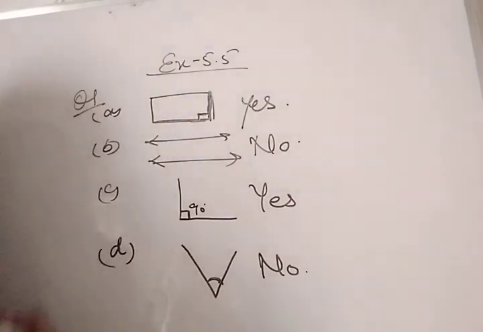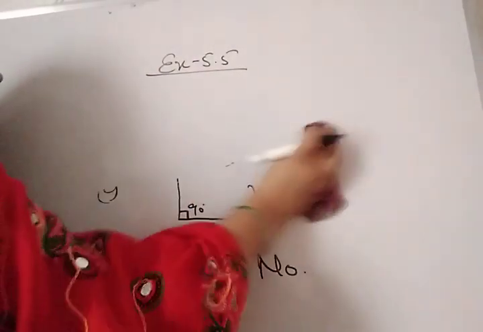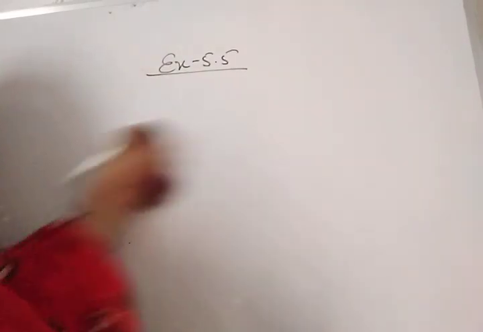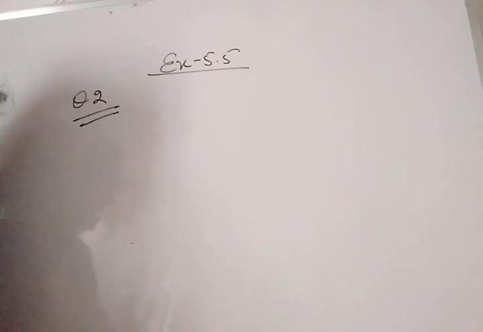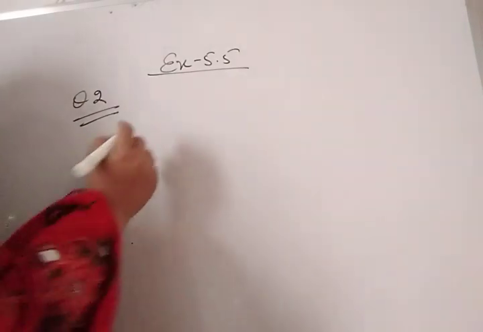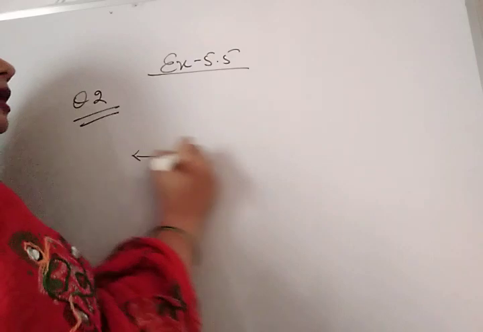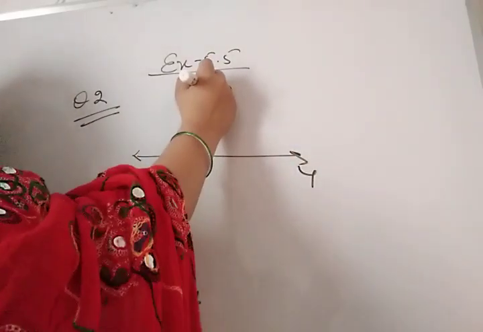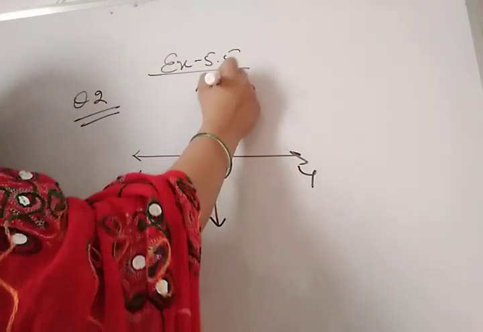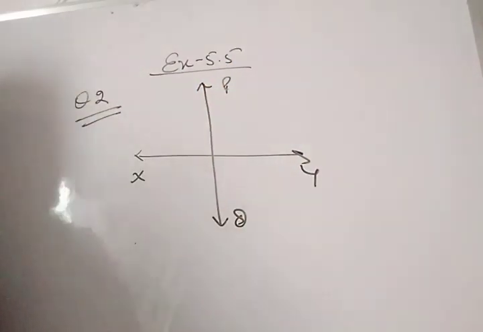Now come to the second question. Lines PQ and XY are perpendicular to each other. Then what is the measure of angle PAY? This is line XY and PQ is perpendicular to XY.